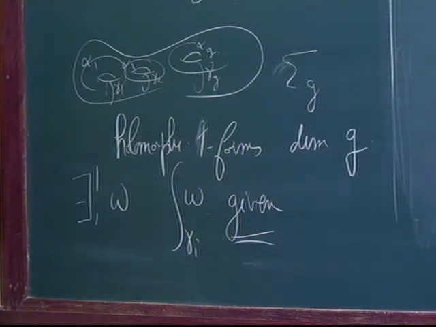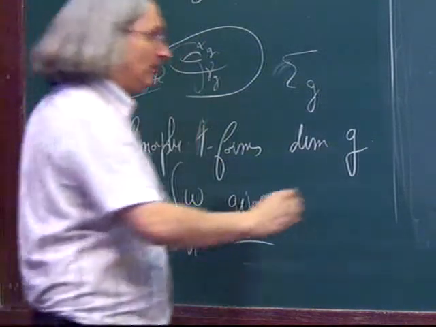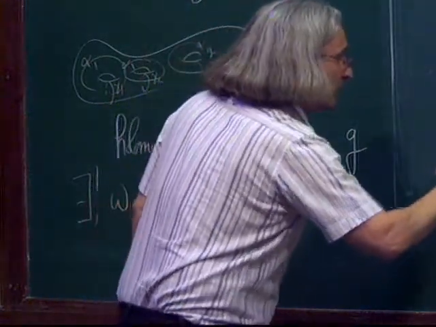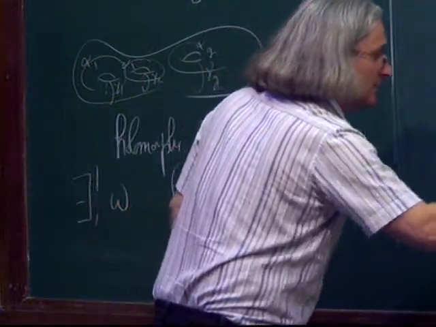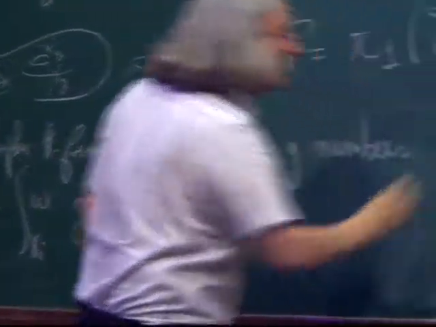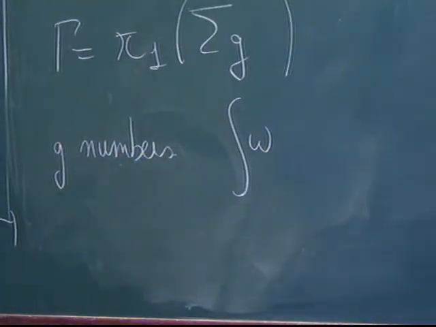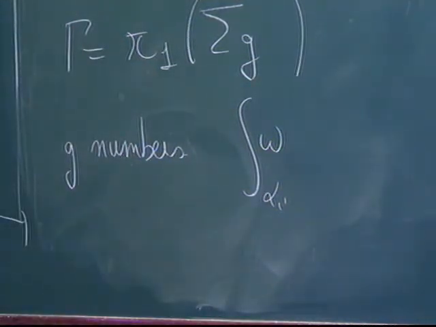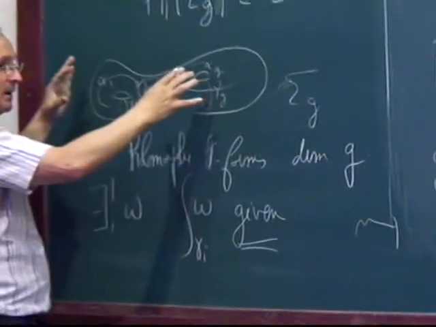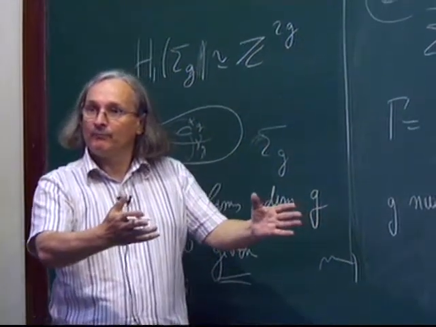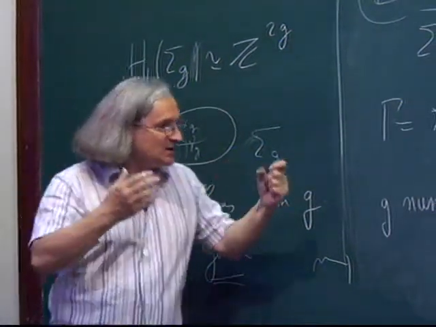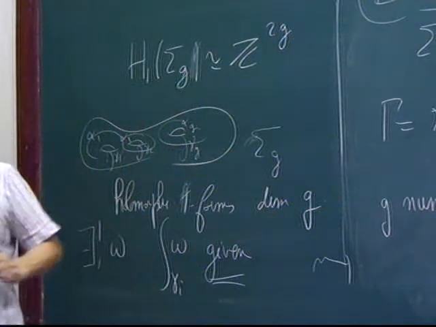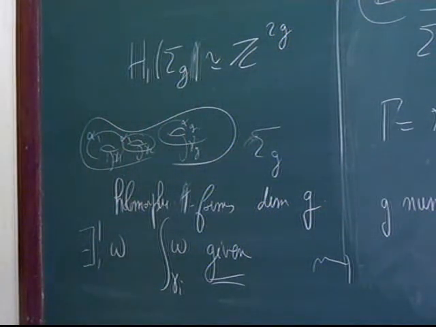This unique form will give you G complex numbers, which are just the integrals of this unique form on these alpha i's. So any complex structure on the Riemann surface gives you numbers. But these numbers are not enough to characterize the curve.